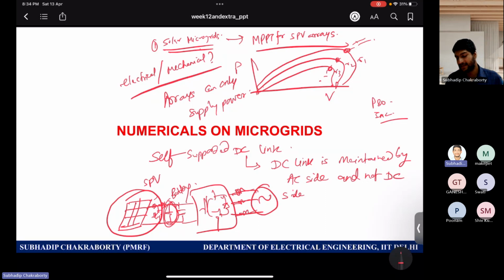But can any of you tell me, can a solar photovoltaic array maintain the DC link voltage of the inverter? That's what I am asking, because it is also a DC source. It can maintain to some extent. So can solar maintain the DC link?